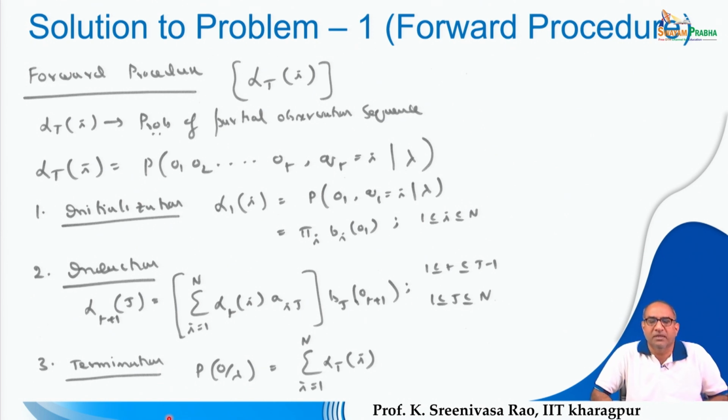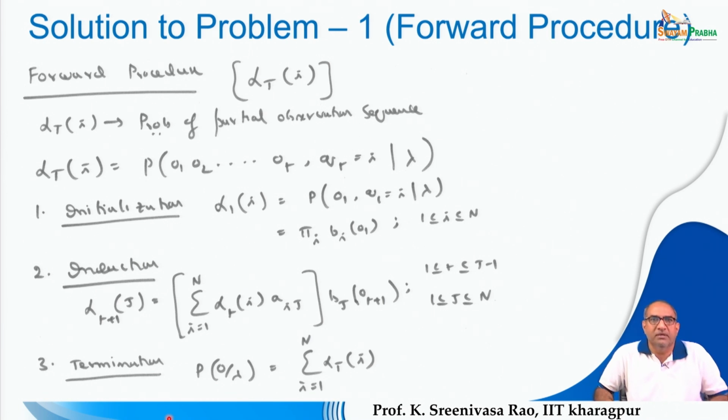Therefore, the total number of computations for P of O given lambda will be 2T times N to the power T. If you consider numerically a sequence length of 100 and 5 states, it is computationally very intensive. So practically it is not possible to estimate P of O given lambda using a direct approach.